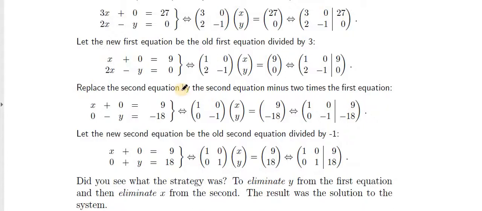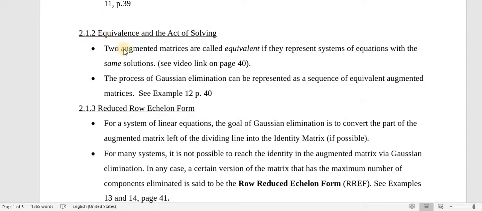When I replace the second equation by the second equation minus 2 times the first equation, that amounts to taking this second row and subtracting 2 times the first row. So, two augmented matrices are called equivalent if they represent systems of equations with the same solutions, and the process of Gaussian elimination can be represented as a sequence of equivalent augmented matrices.